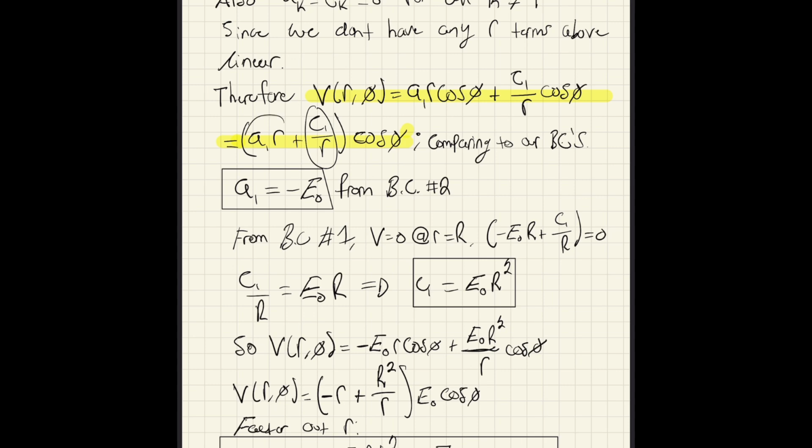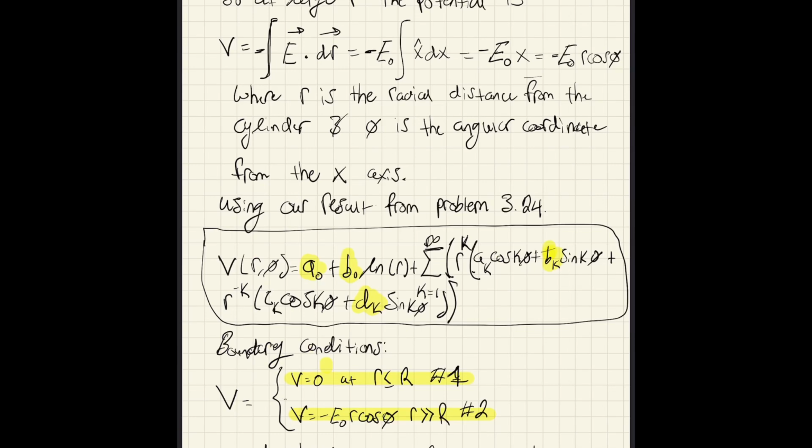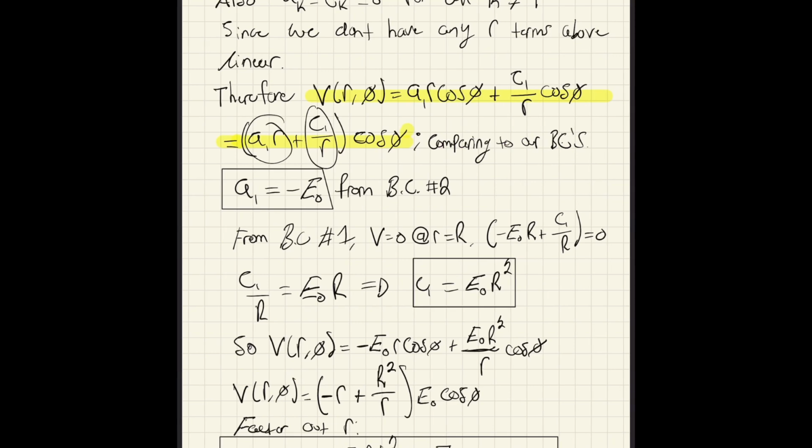However, for this term, we basically have a1 times r times cosine phi, which is exactly what this boundary condition is here. So we know that a1 must be equal to minus E naught. I'll box that in, so we can deduce that coefficient from boundary condition 2.